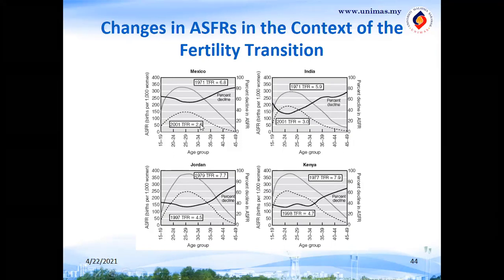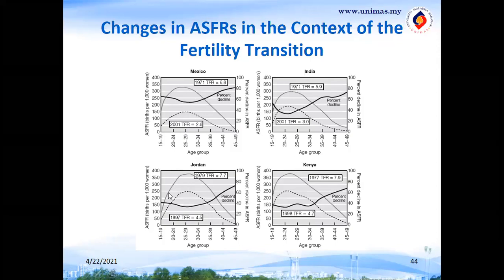Mexico is a good graph to show that even the peak at 25 to 29 is not that high. But in the case of India, the peak is at around age 20, maybe this region 20 to 24, whereas in Mexico it is around 25 to 29, and in Jordan also around that figure.